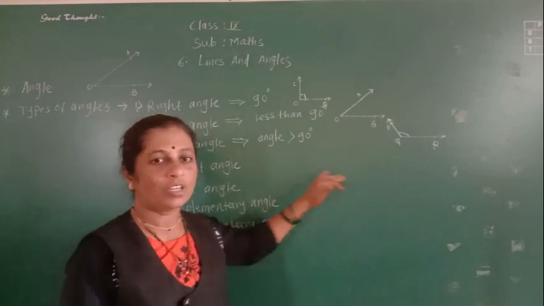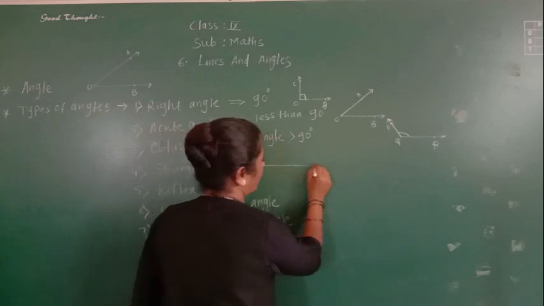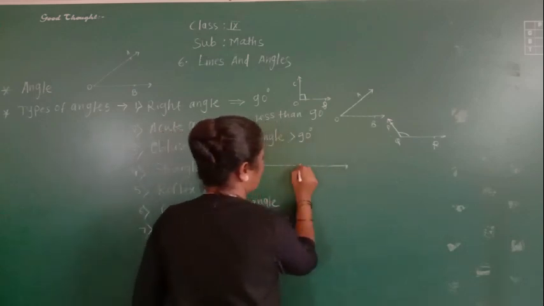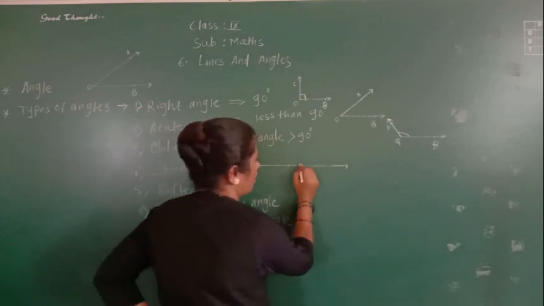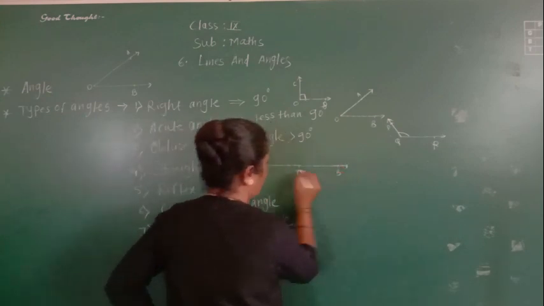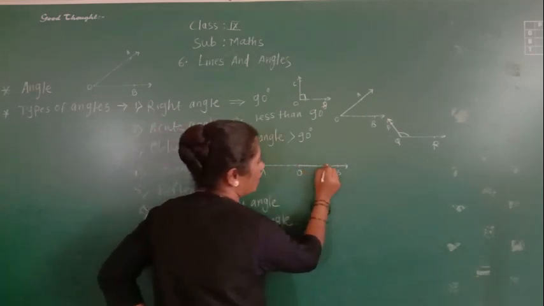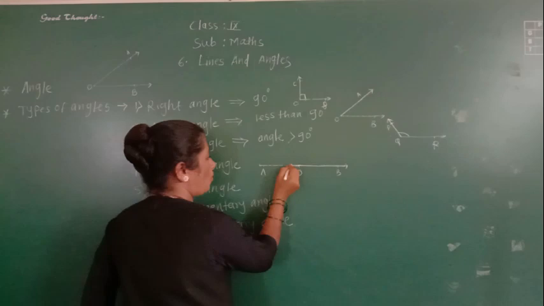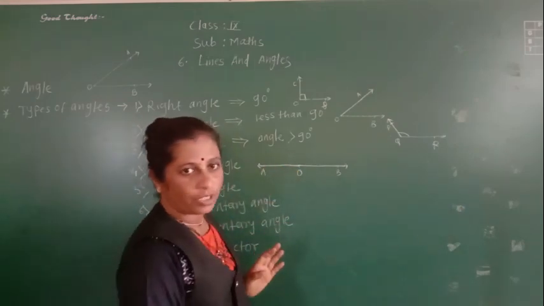Then straight angle. Straight angle means what? The measurement is 180 degrees. Suppose this point is O. These OB and OA are two rays, exactly opposite to each other.